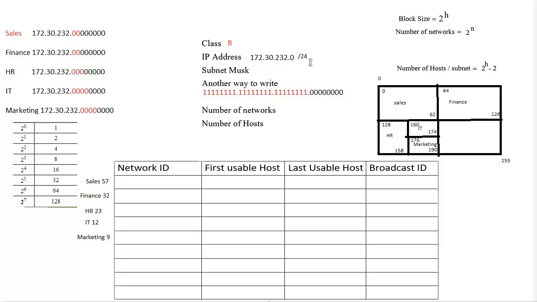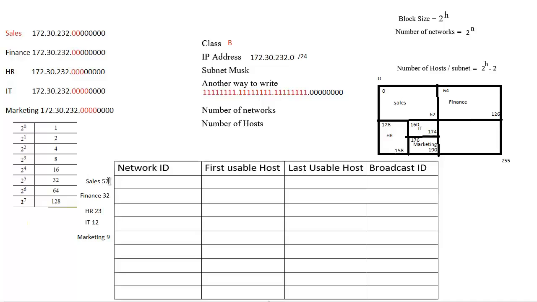CIDR notation will decide how many bits for network and how many bits for hosts. So here our CIDR notation is 24. That means regardless of any class, 24 bits will be used for network and 8 bits will be used for hosts.